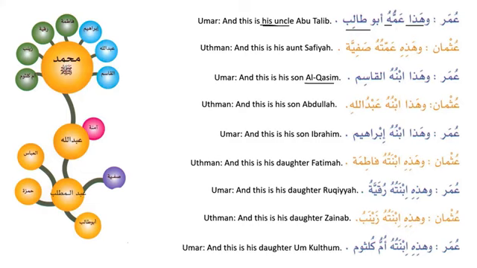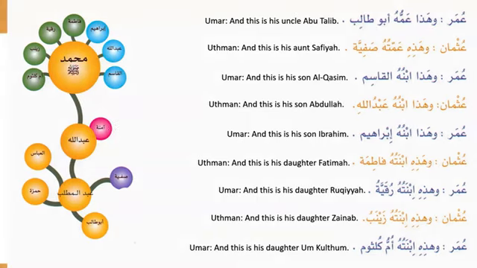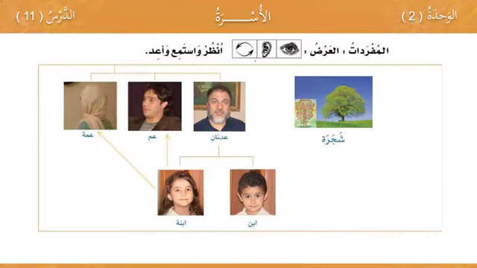So now you have a tree over here. You can have a look at the tree, and without looking at the translation, you can read and relate, as you can see over here. Al-Usratu, the family. Al-Mufradat, we have the vocab. Al-Ard, presentation. Unzur wastami' wa'a'id. Shajaratun, that means a tree.